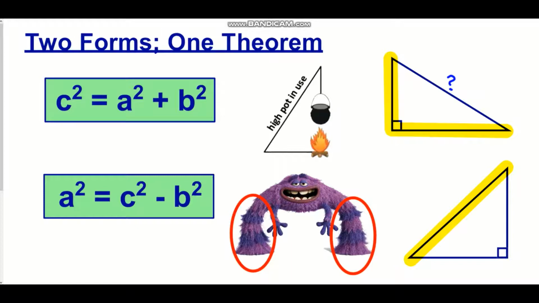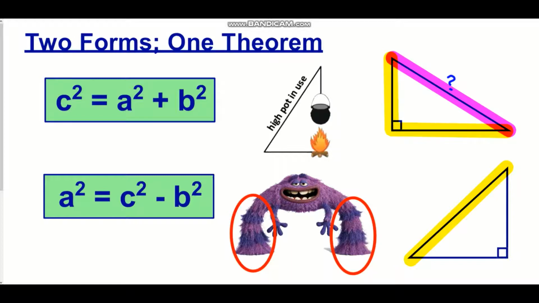Pythagoras' theorem states that c squared, the longest side of a right-angled triangle squared, is equal to a squared plus b squared, which is the other two sides of the right-angled triangle squared and added together. If you're using the top equation, c squared equals a squared plus b squared, you already know these two yellow sides on that top triangle. What you're looking for is the longest side, which is called your hypotenuse.